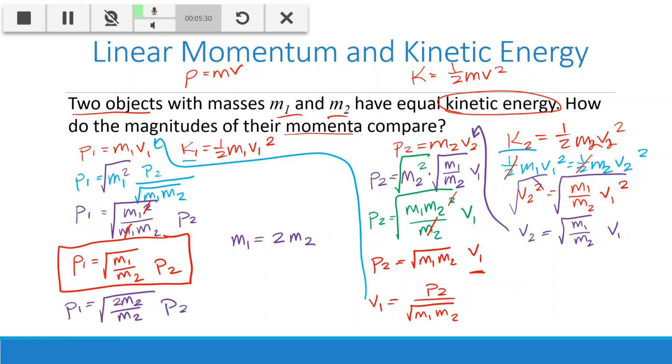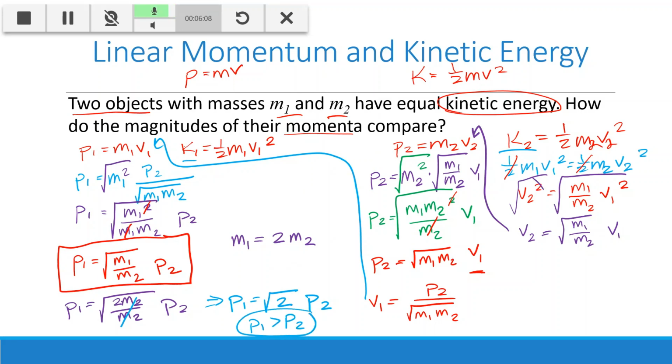So those M2s would cancel, and that would give me that P1 would be the square root of 2 times P2. And since the square root of 2 is not something I have memorized, it is approximately 1.4. Square root of 2 is bigger than 1. That tells me that P1 has to be bigger than P2, but it's not double.